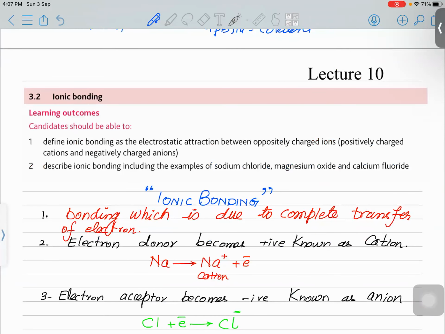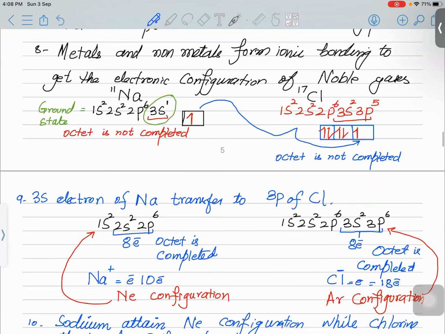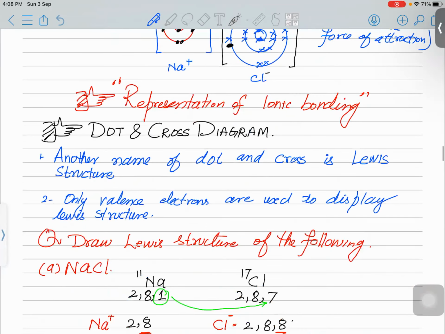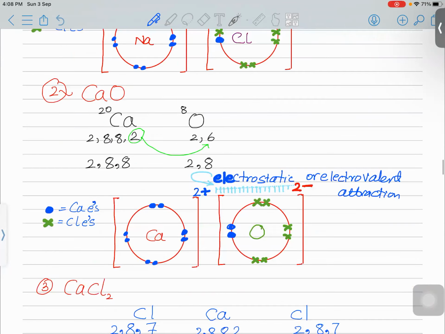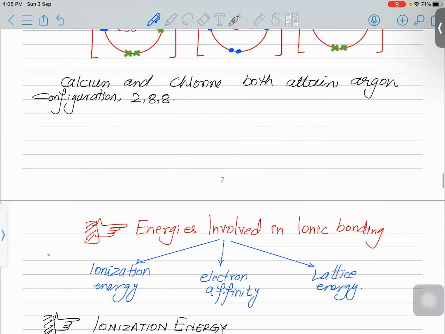Now ionic bonding. Define ionic bonding as electrostatic force of attraction between oppositely charged ions. We have discussed. Describe ionic bonding, including examples of sodium chloride, magnesium oxide, and calcium fluoride. We have discussed 3: sodium chloride, calcium oxide, calcium chloride, same thing as magnesium chloride.